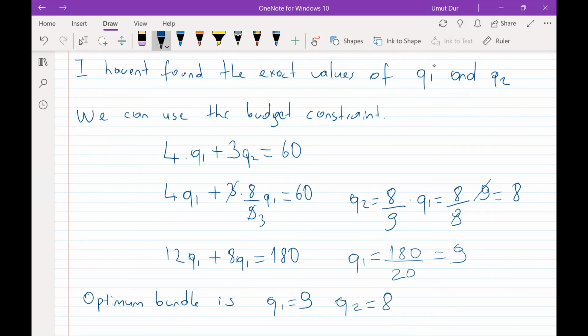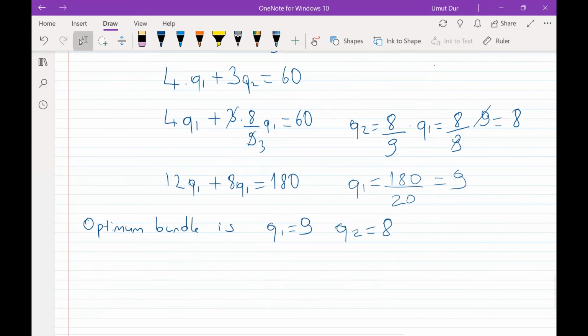My utility at the optimal bundle will be utility at 9 and 8, equal to 2 times 9 to the 0.6 times 8 to the 0.4. We don't care about the exact value of this optimum.